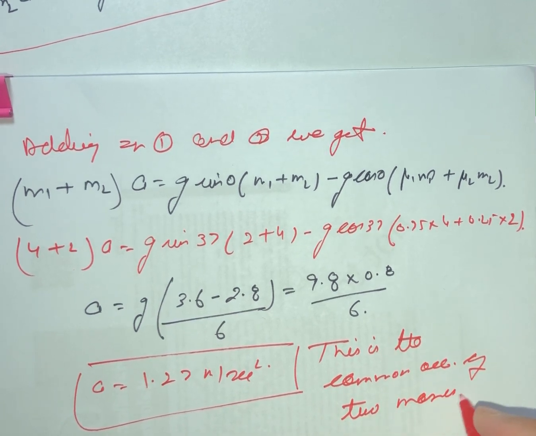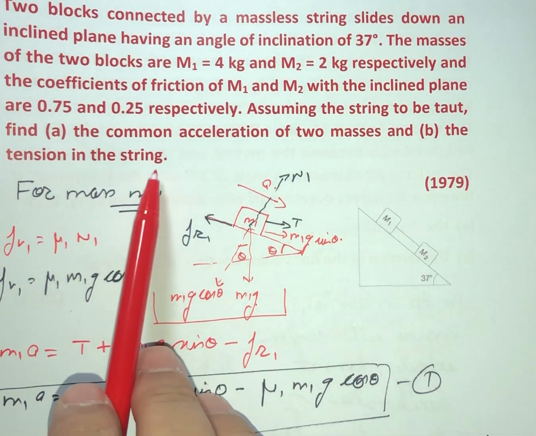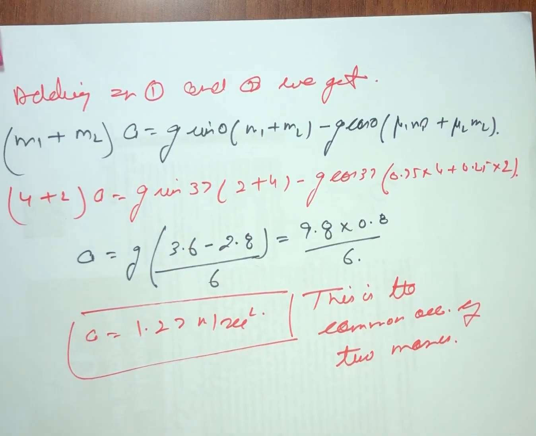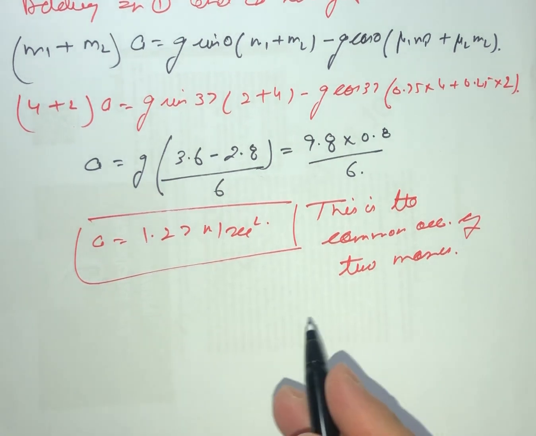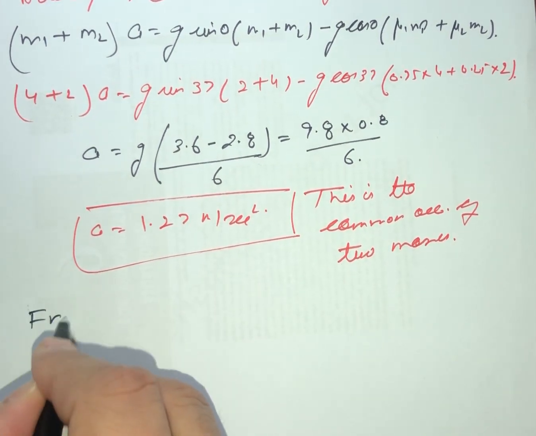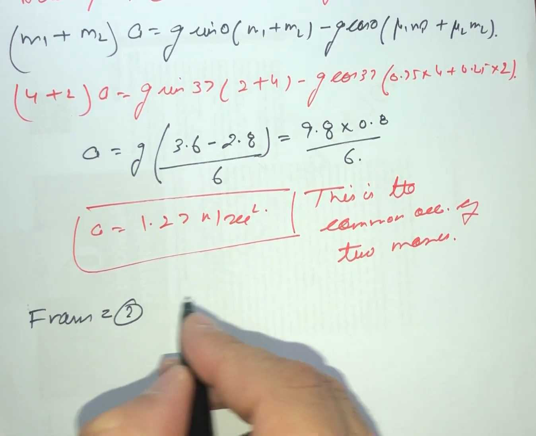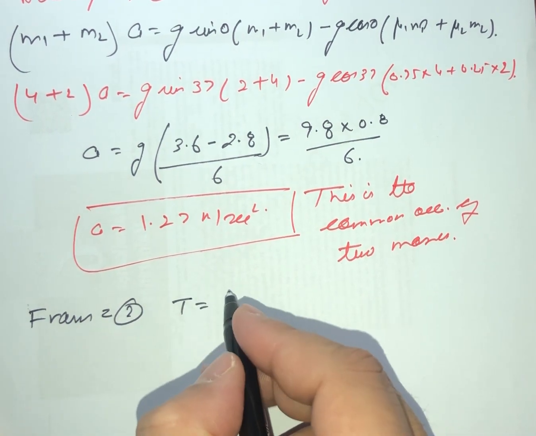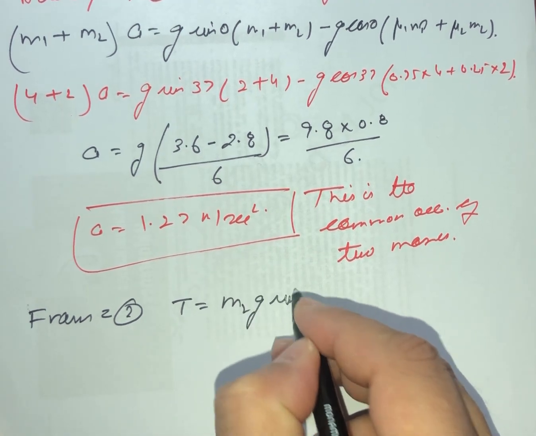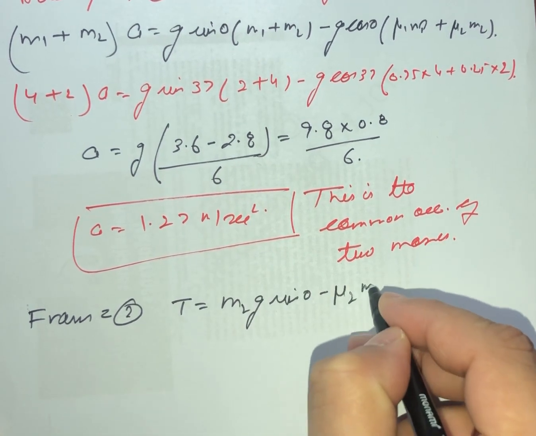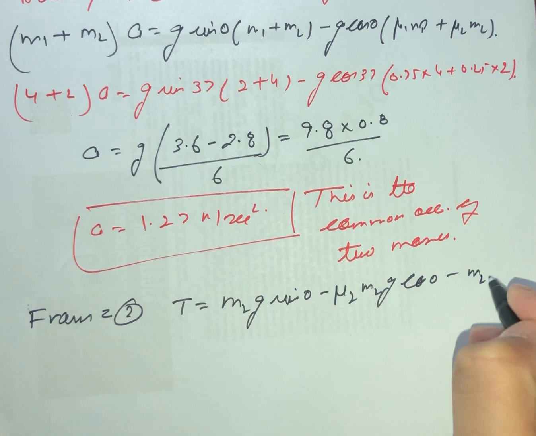In part B, we are supposed to find out the tension in the string. So we are going to use equation 2. From equation 2, we can write T is equal to m2g sin theta minus mu2 m2g cos theta minus m2a.